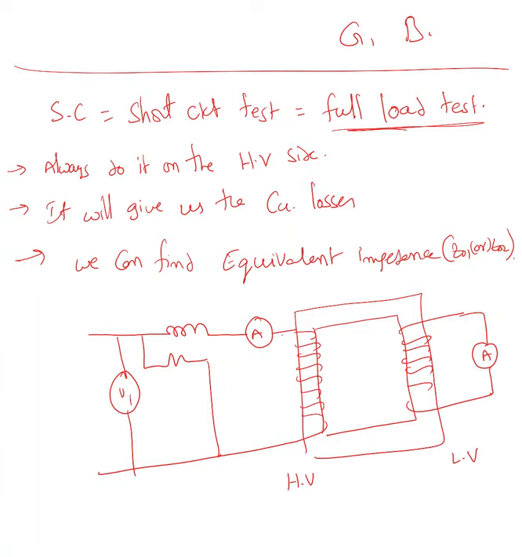The reason behind it is, for a simple example, take a 230 kVA, 2300 volt by 230 volt transformer. If you want to use the full load test, we have to have 230 kVA. Most of the time we will not have that much load, so we do it using the short circuit test.